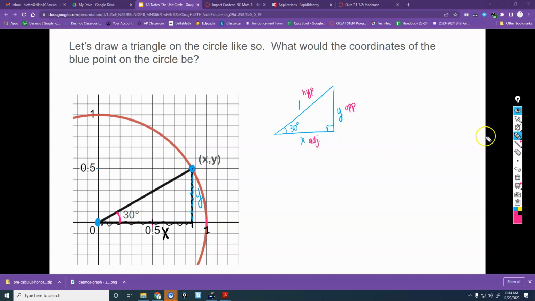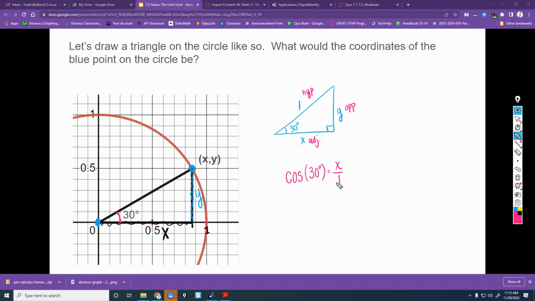If I want to find x, let's look at x first. We got to do x and y separately. If I have adjacent and hypotenuse, that means I need to do cosine. So I would do cosine of 30 degrees equals adjacent, which is x, over hypotenuse, which is 1.